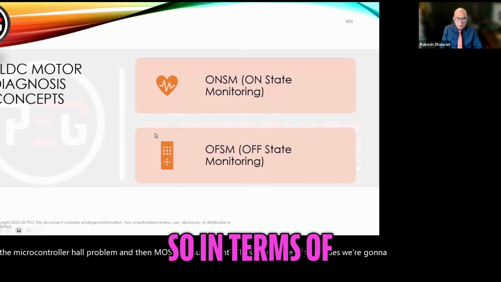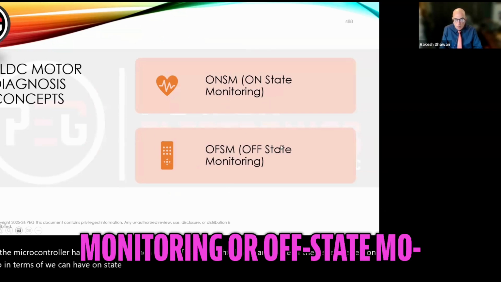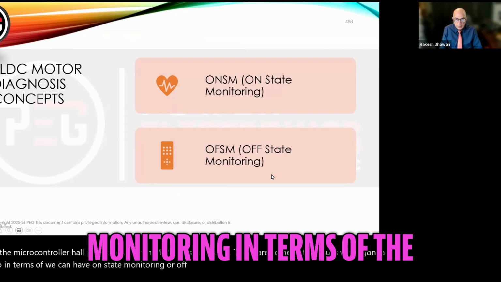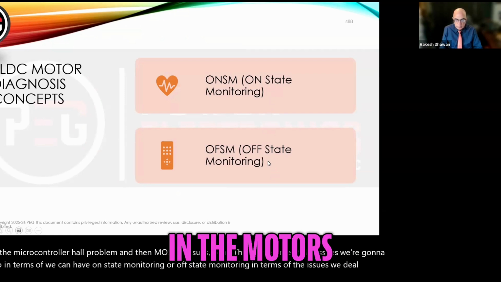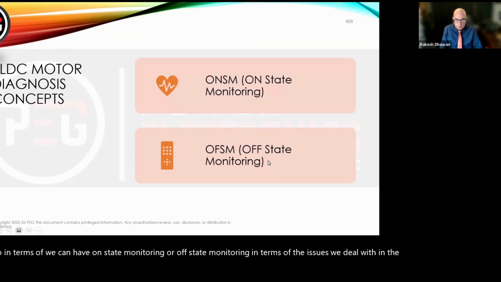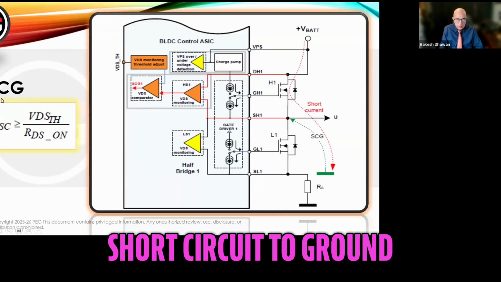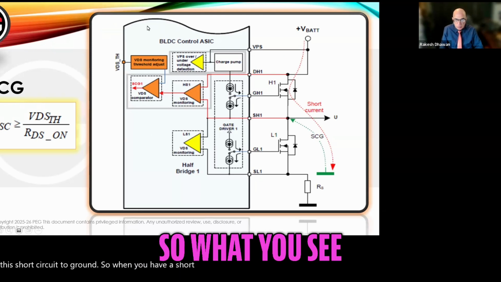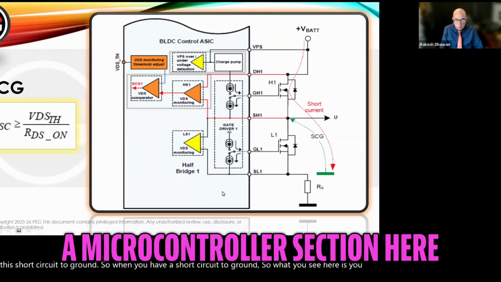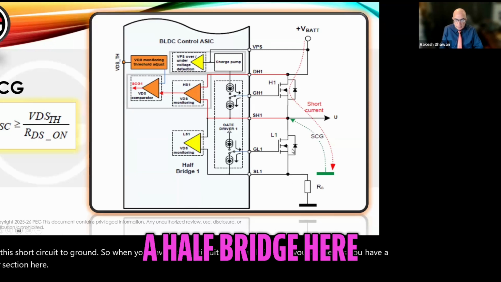In terms of the issues we deal with in the motors, we can have on-state monitoring or off-state monitoring. So let's look at this short circuit to ground. What you see here is a microcontroller section, and then you have a half bridge here.